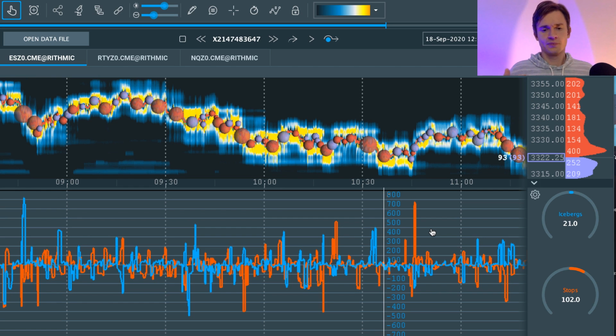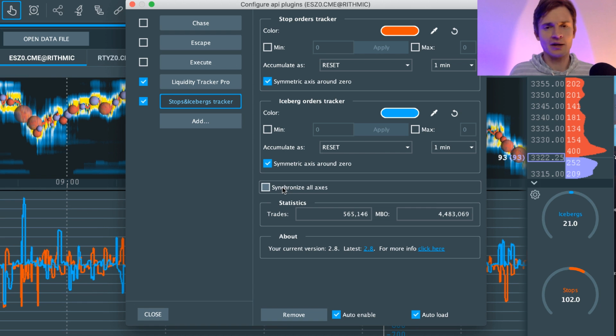Well, if you have that synchronized axis turned off, then you'll still see the stops. The stops will still be relative to their 500 or whatever they've done, right? But if you click this button, and I'm not clicking it because it takes too much time to reload, then the stops and the icebergs are synced with each other, okay?